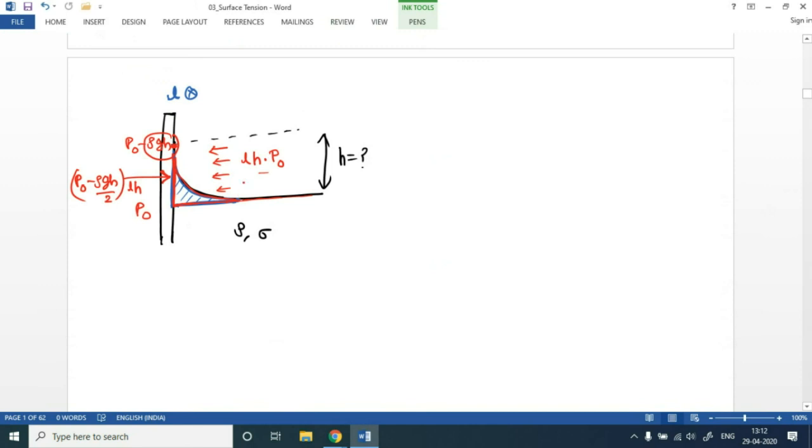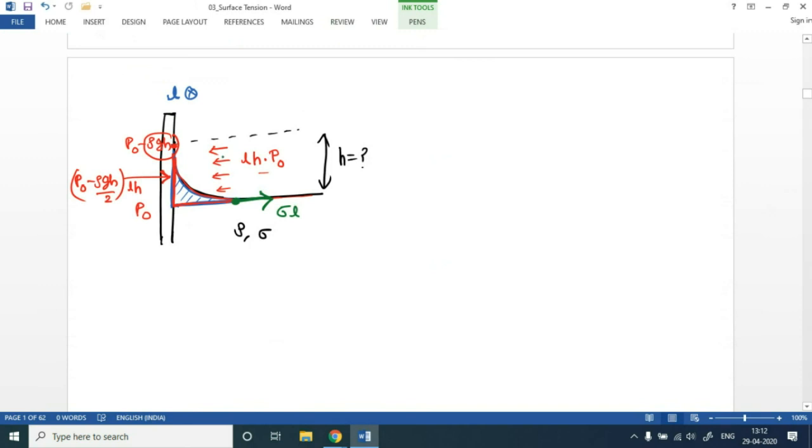And apart from that, over here there would be a line of length L, so the surface tension force will be acting along the surface, and that would be equal to simply sigma times L.